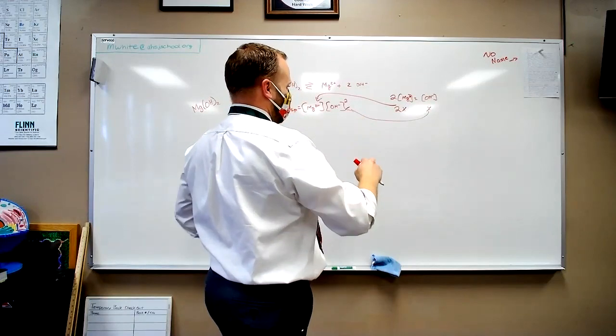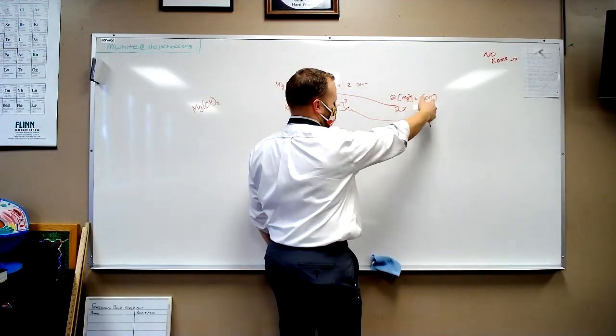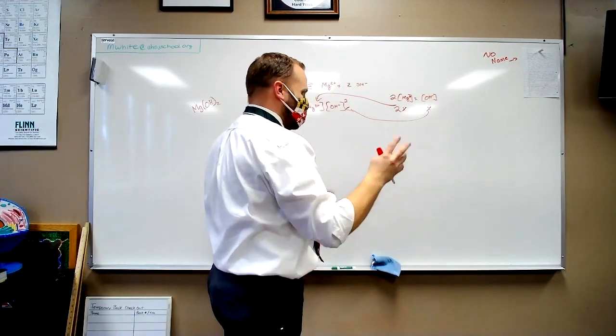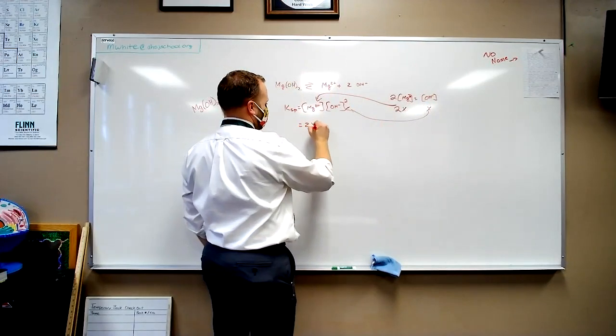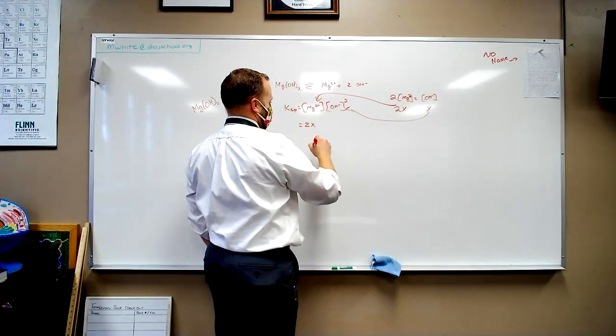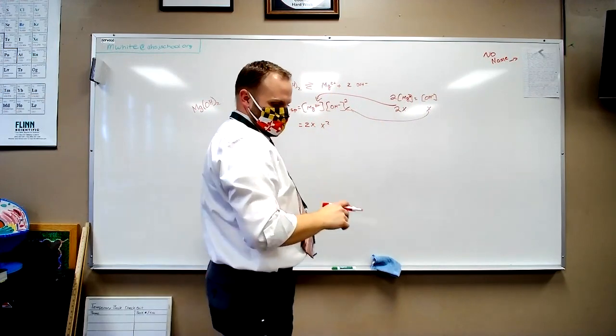X is still going to be our concentration. It's just we know that magnesium is going to be twice whatever that is. And that's why we can use the same variable. So we get 2x times x squared.